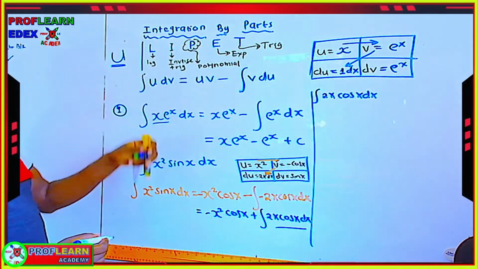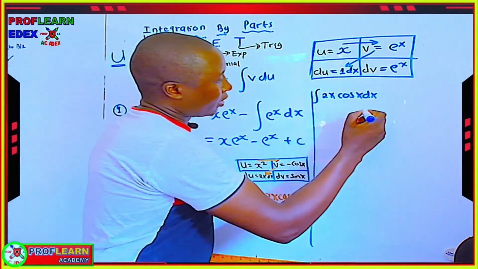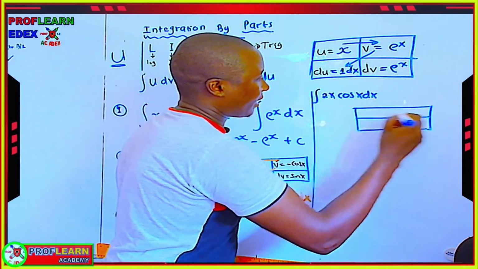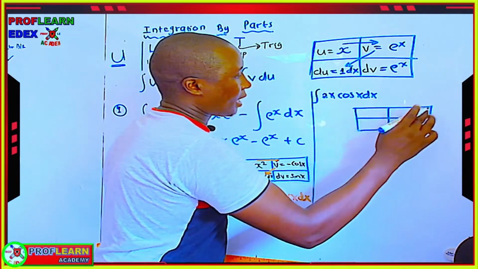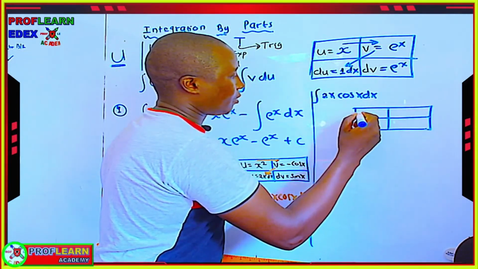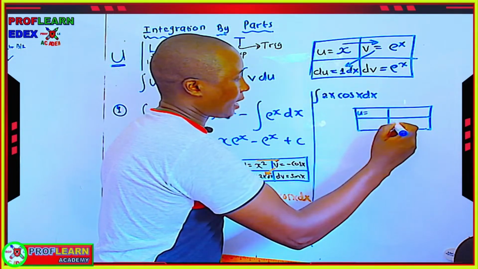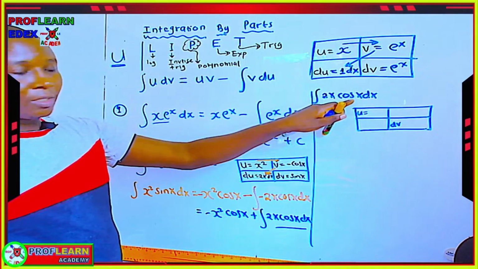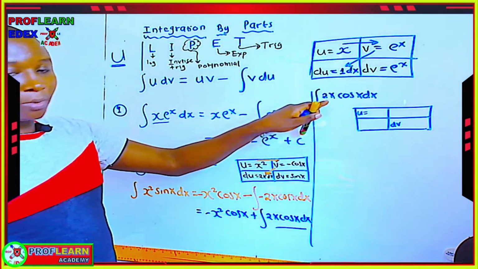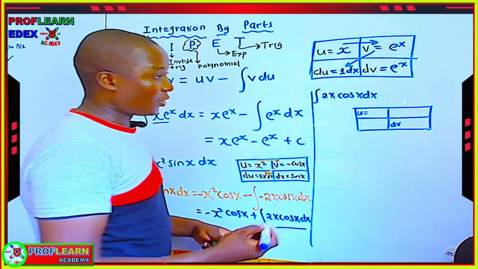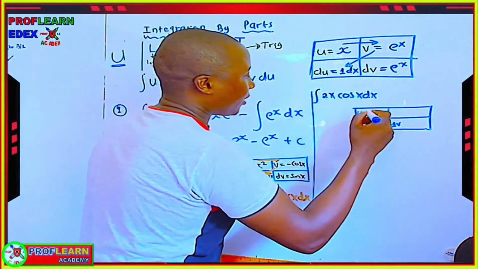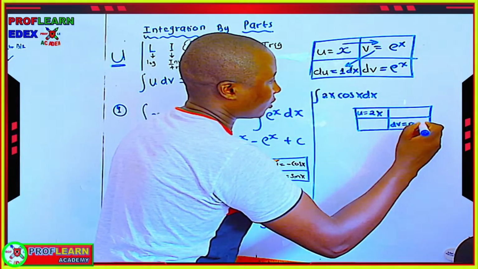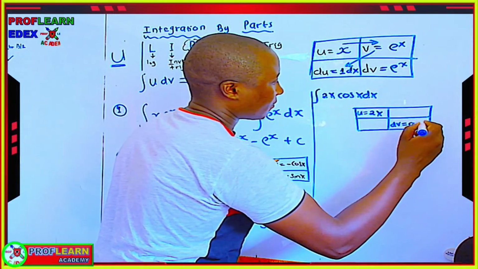Now, again using LIPET, we shall identify what could be our u and what could be our dv. We have a trigonometric function and we have a polynomial. So which will mean we are going to take our u to be equal to 2x, our dv will be what? Cos x.